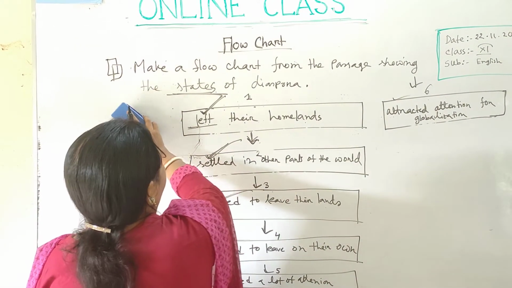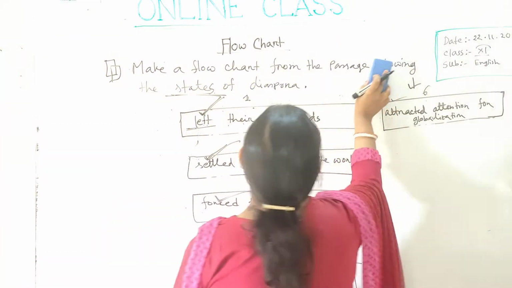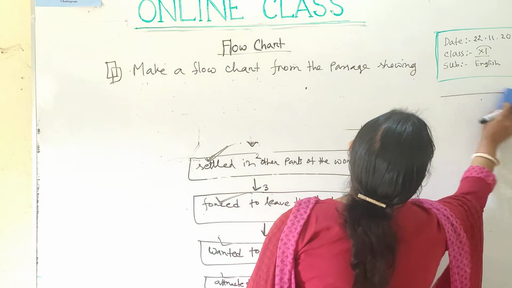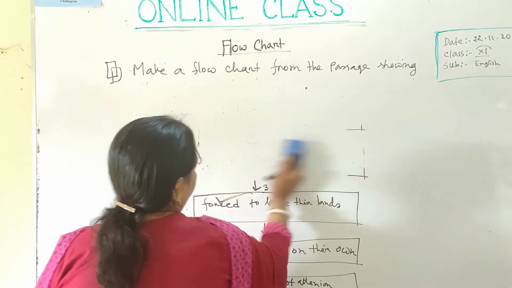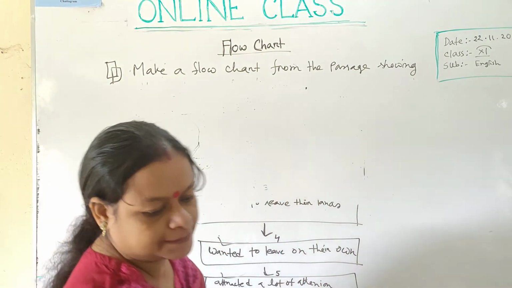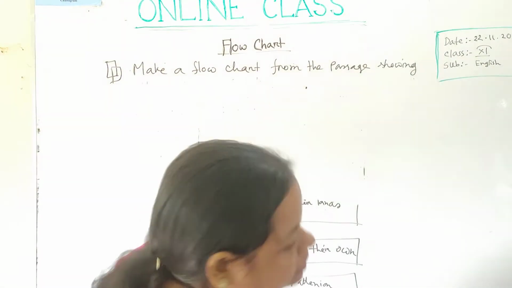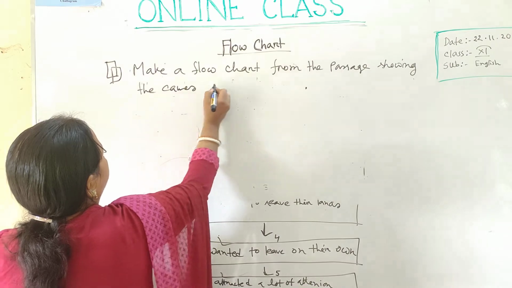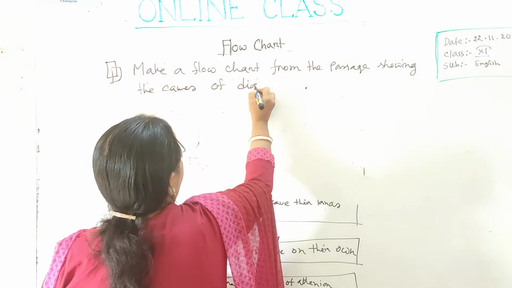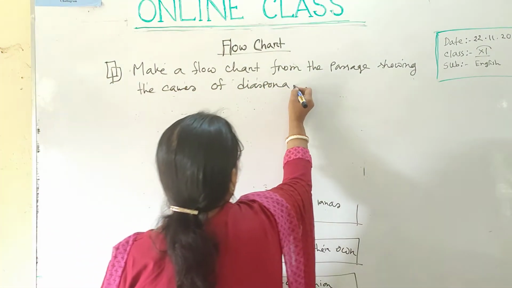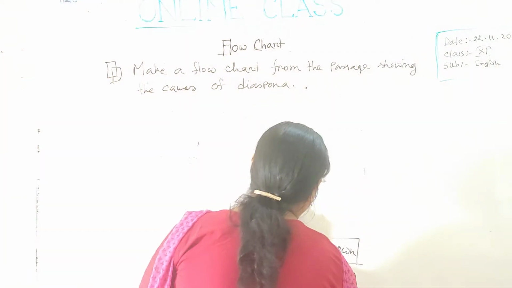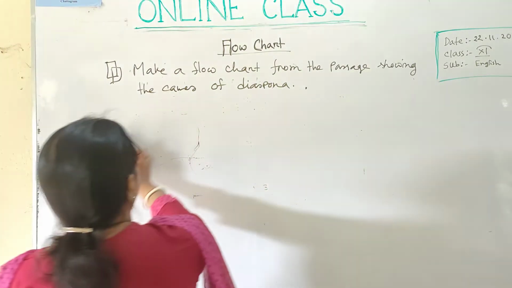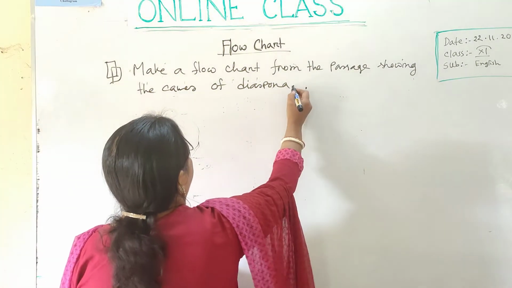There may be another pattern if the question is showing the causes of diaspora, then we have to mention only the causes.